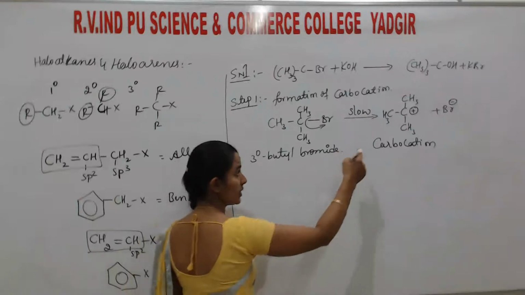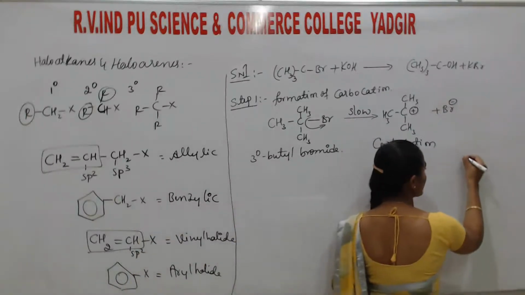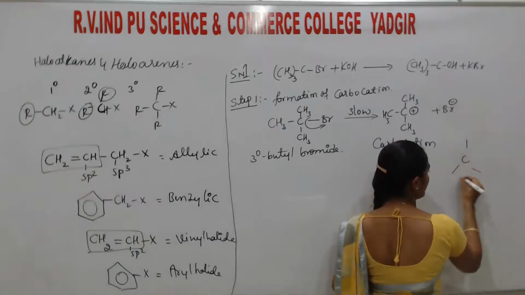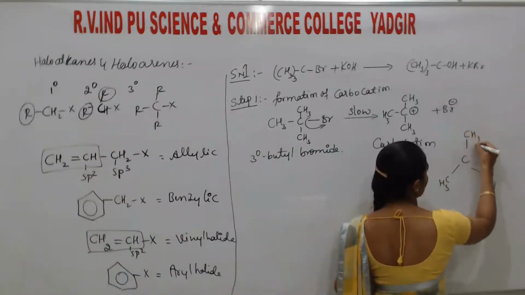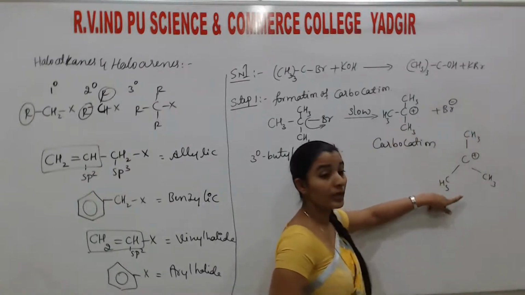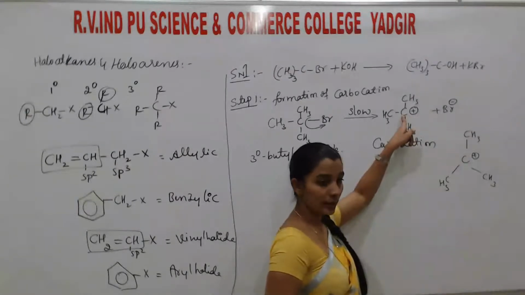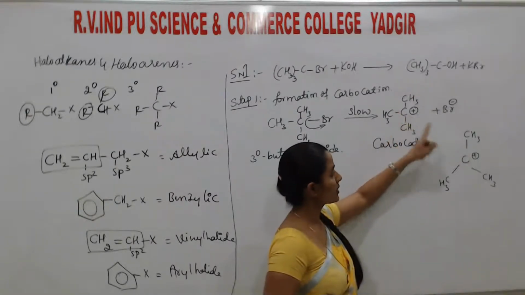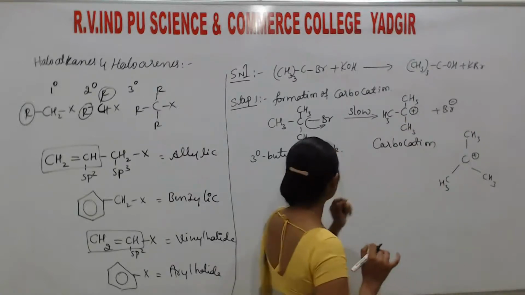So students, this molecule is planar. The structure is like this: CH3, CH3, CH3 plus. It is planar because this carbon atom is sp2 hybridized, and sp2 hybridized means a planar molecule. Its structure is planar.